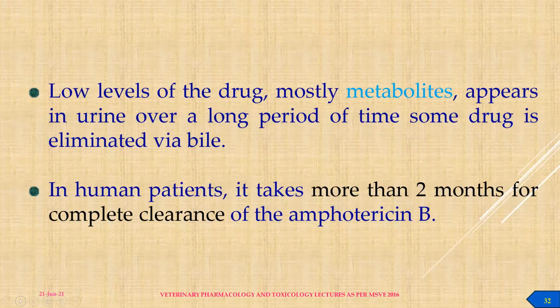Instead of being excreted in urine, the metabolites of this drug are eliminated via bile. In human patients, it takes more than 2 months for complete clearance of amphotericin B. That's one of the alarming things, because of such a long half-life, the concentration of amphotericin stays for more than 2 months.